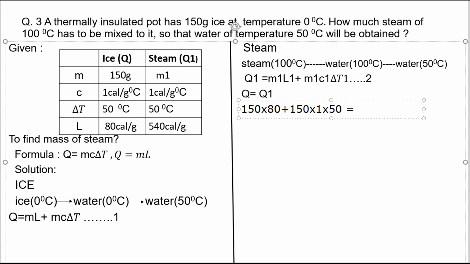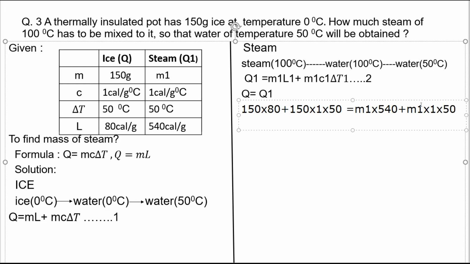Q1 is m1 L1. m1 we don't know, we'll write as m1 only, into L1 is 540 plus m1 into c1. c1 is 1, into delta T is 50.